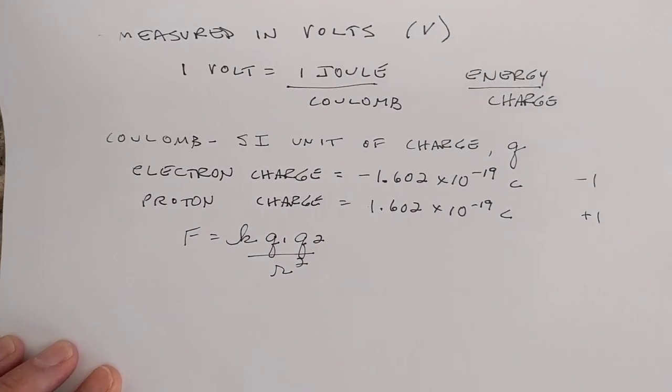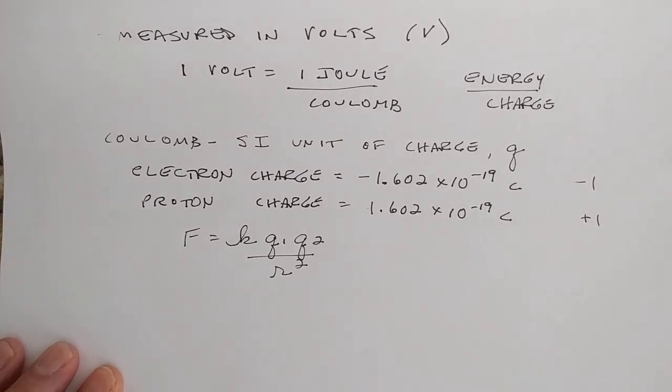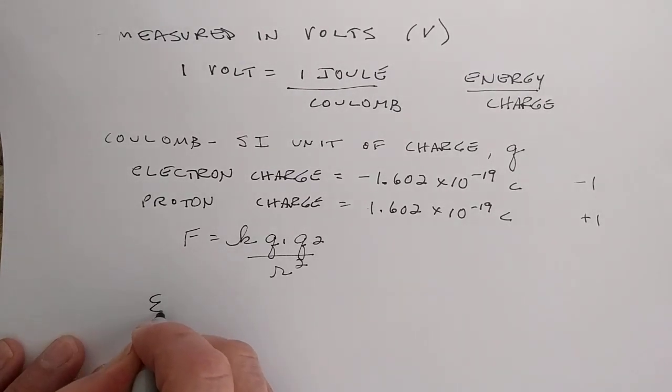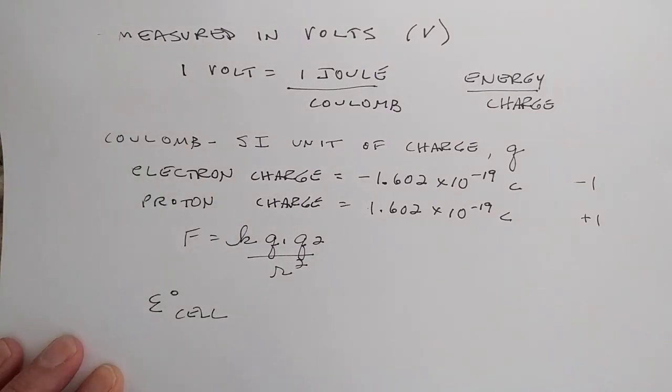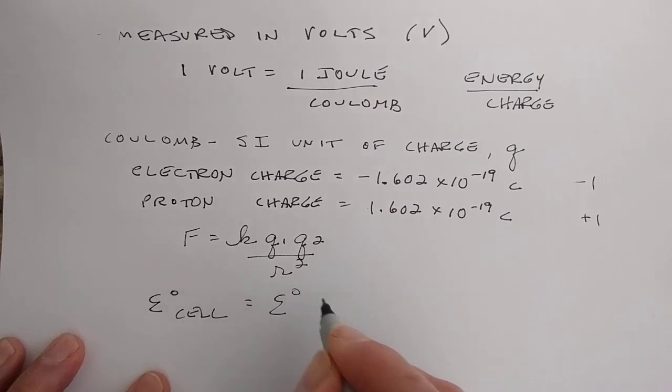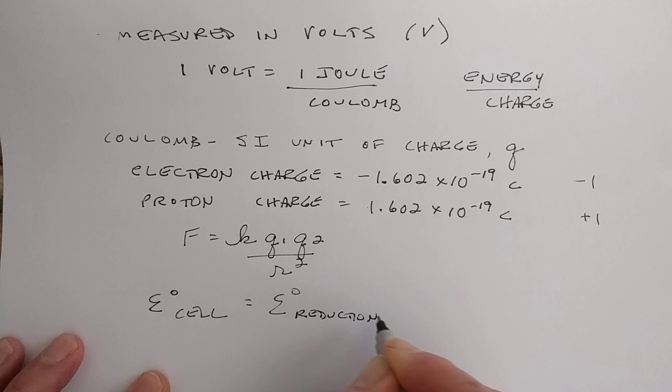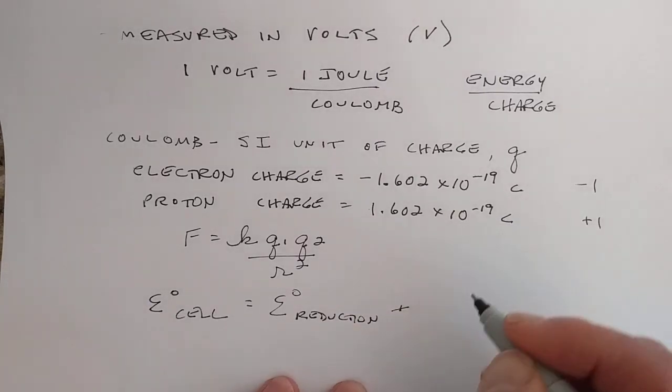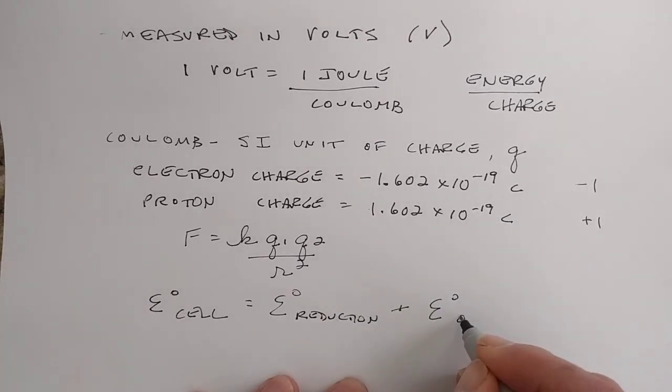Now, when we have our galvanic cell, the E0 of the cell, the electromotive force of the cell, is equal to the E0 of the reduction plus the E0 of the oxidation.